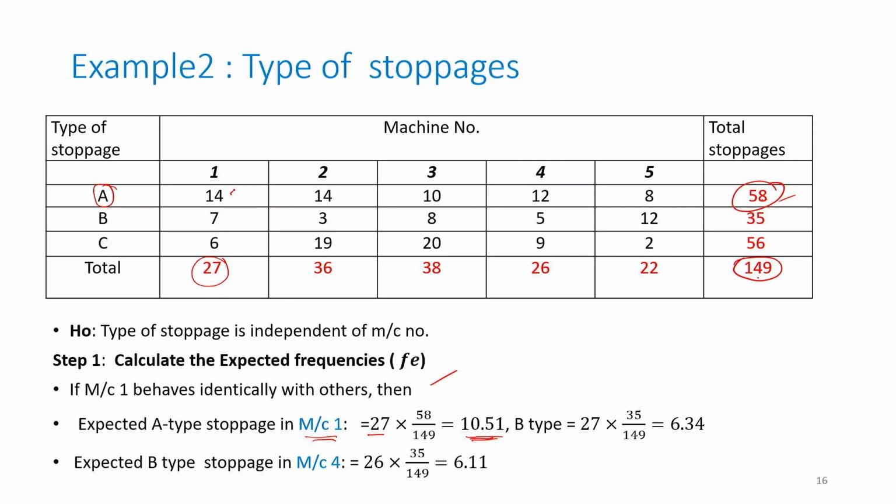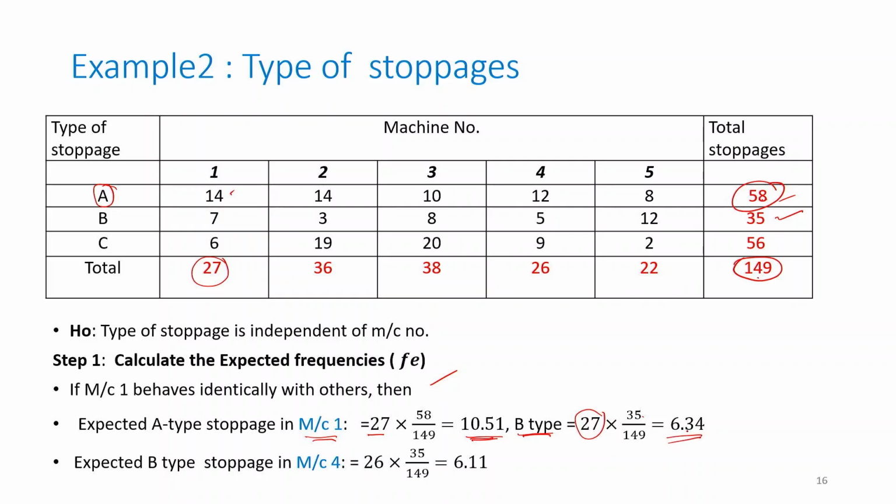Similarly, for machine 1, if I want to find out B type of stoppage, what we have to do is go through the row B and find out what is the total here, 35. So we'll take the ratio 35 by 149 and multiply it by 27, and we'll get a figure 6.34.